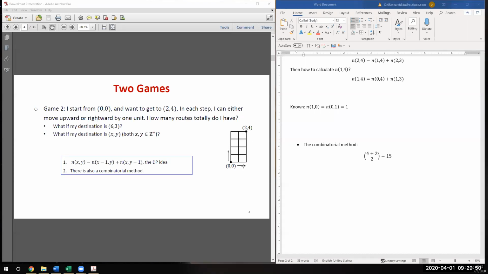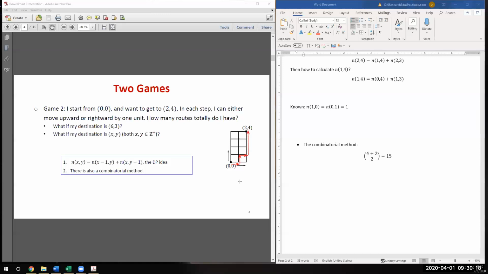So for example, suppose I choose the first 2 lengths to be horizontal, then I will have this route, which is the first 2 horizontal, and then the last 4 vertical. Or if you choose, for example, the first one and the third one to be horizontal, then you're gonna have this. The first one horizontal, the second one vertical, the third one horizontal, and all others vertical.